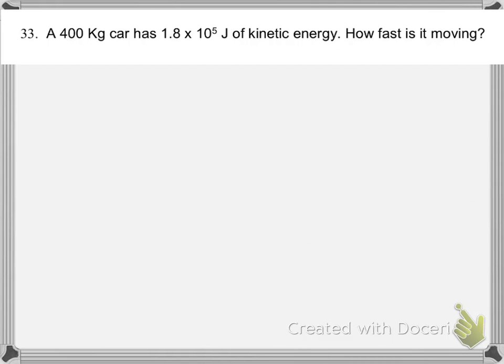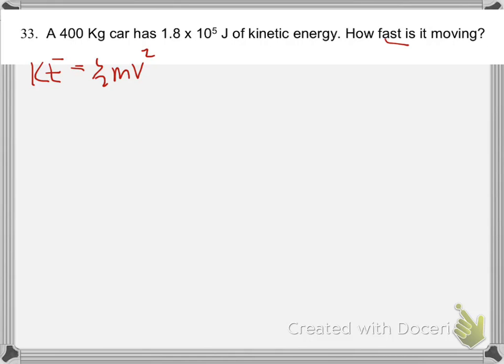Number 33. A 400 kilogram car has 1.8 times 10 to the 5th joules of kinetic energy. How fast is it moving? So again, our kinetic energy equation is half mv squared. This time we're looking for how fast it's moving, so we're looking for velocity.